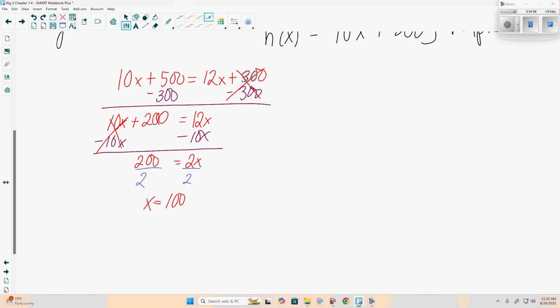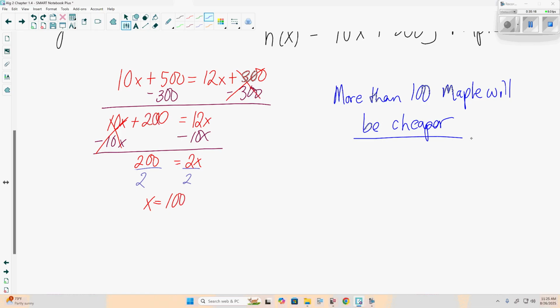So with more than 100 students, Maple will be cheaper. Because we have to have at least 100 students. At 100 students, Maple and Lakeside are going to be the same.